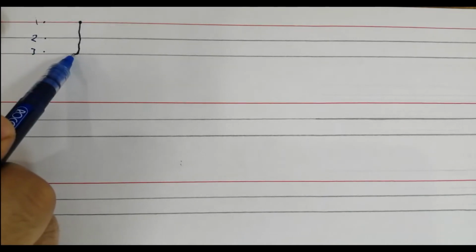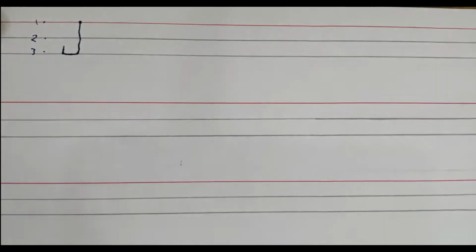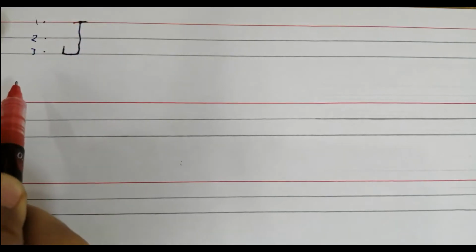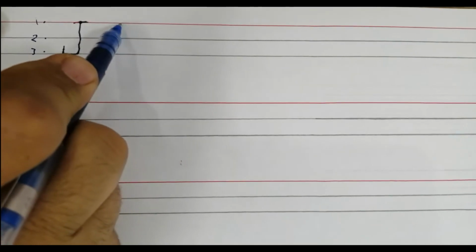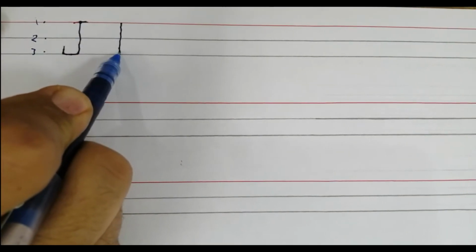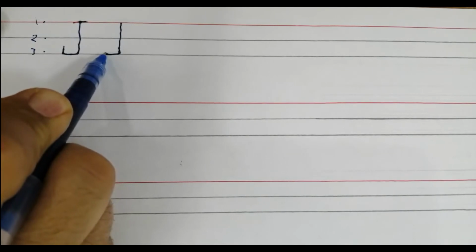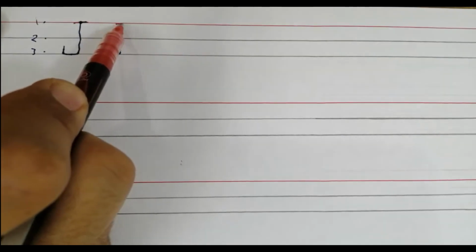Then go to sleeping line like that, and sleeping line on line number 1. Again, J, a falling line from number 1 to number 3, then sleeping line on line number 3, going up again like that, and a sleeping line on line number 1.